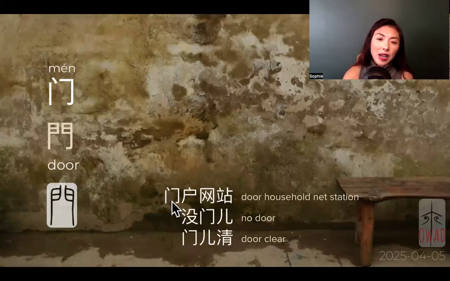We have expressions such as 门户网站, which I remember was first created at the dawn of the internet, the late 1990s back in China. And we started to have this 门户网站.